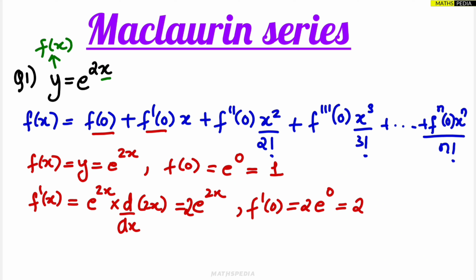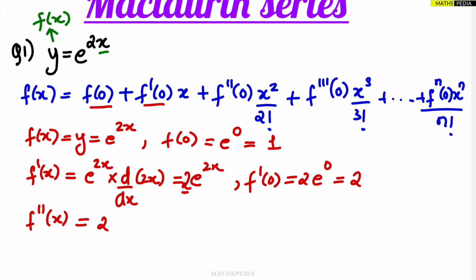Now I have to find f double dash of 0, for which I have to find f double dash of x. Which one should I differentiate? I should take the previous one, f dash of x, and differentiate it again to get f double dash of x. 2 is a constant which should be kept outside.